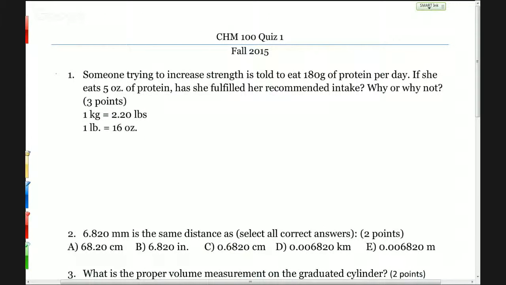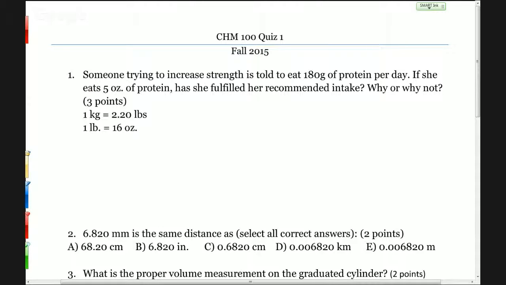That's right. Someone trying to increase strength is told to eat protein. I think the same question was on the practice quiz on Blackboard, just with some different numbers, but the same idea. You've got two numbers, 180 grams of protein versus 5 ounces, and the question is asking you to compare those. Is the 180 grams smaller than the 5 ounces?